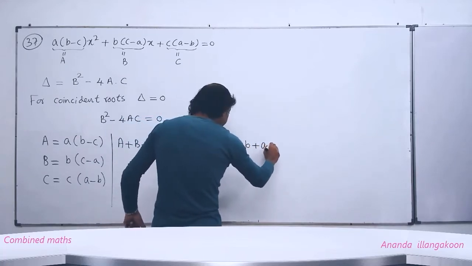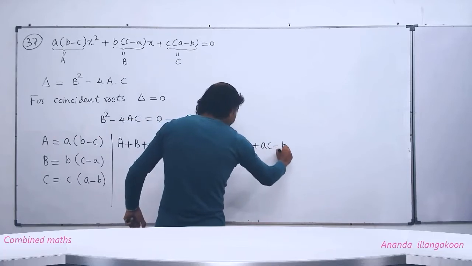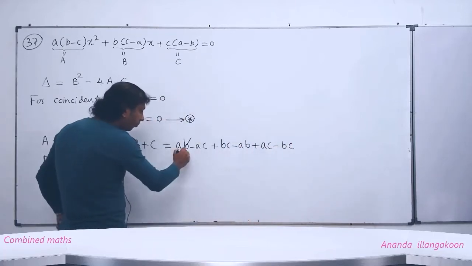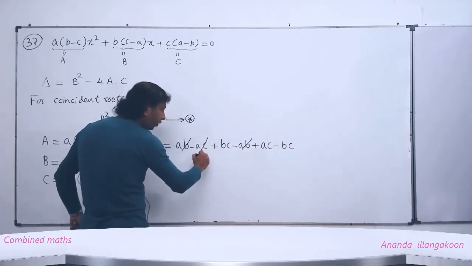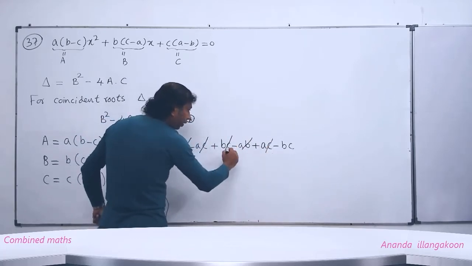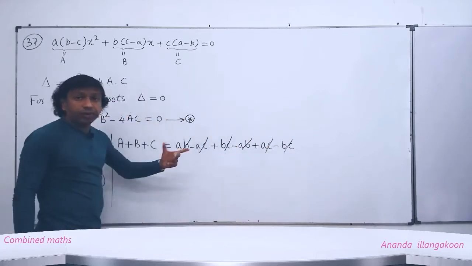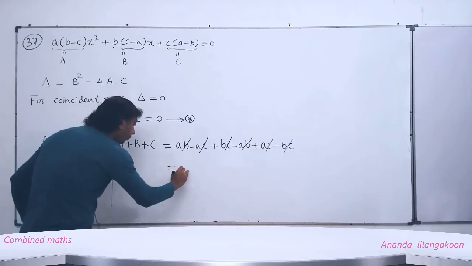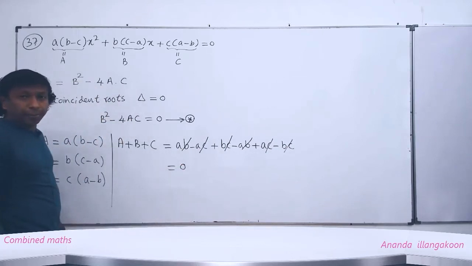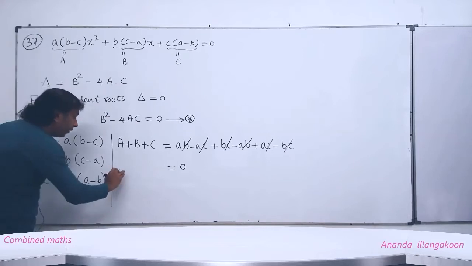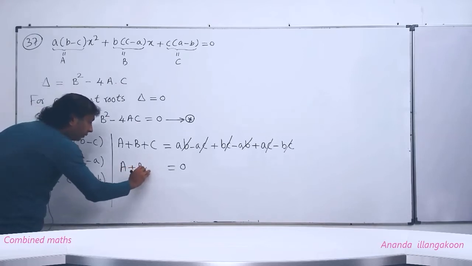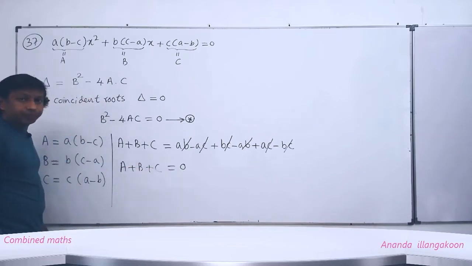AB and this AB you can cancel down. Minus AC you can cancel down with this. BC and minus BC can be cancelled down. What do you get? We get 0, people. Then A plus B plus C equals 0.